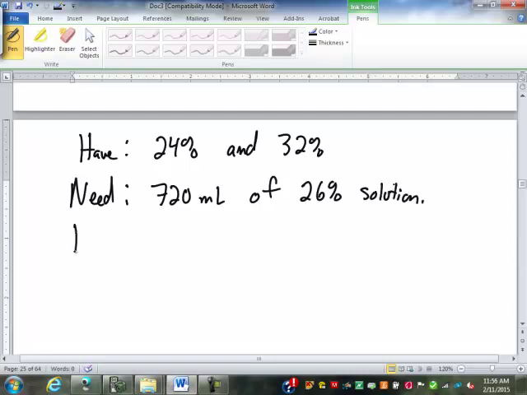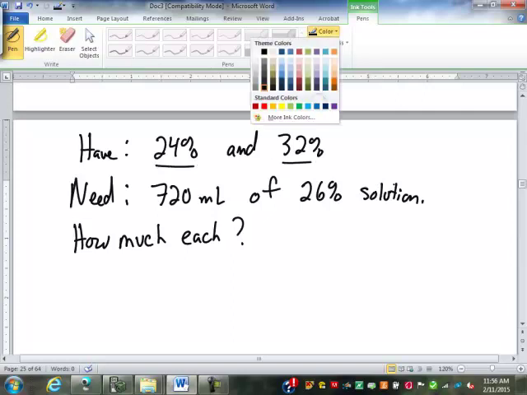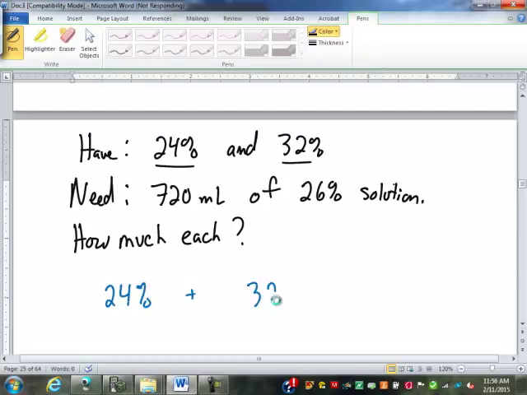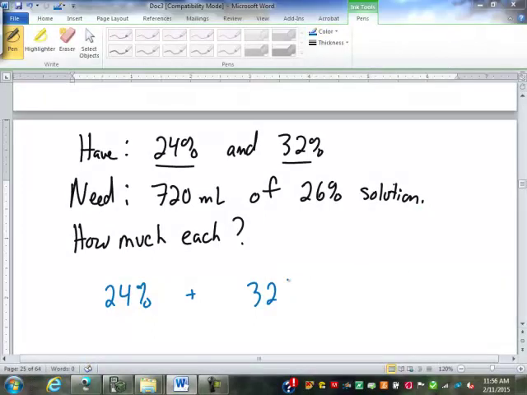So the question now is how much of each do we need of the 24% and 32%? Well, this one's a little bit trickier. So we're mixing the 24% with the 32% to get 26%.